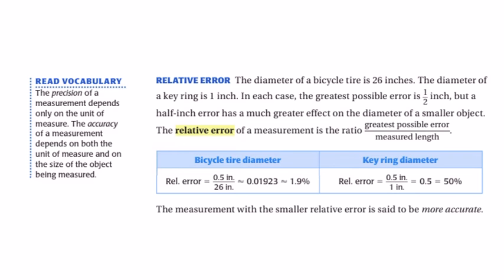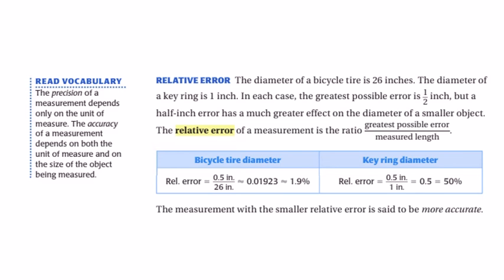A half of an inch in your mouth could be the difference between having a huge gap or not in your smile. So it has a huge difference when we are talking about smaller objects.